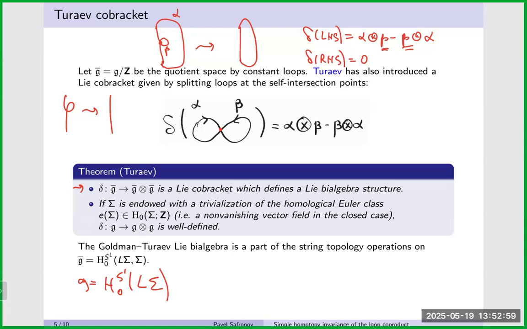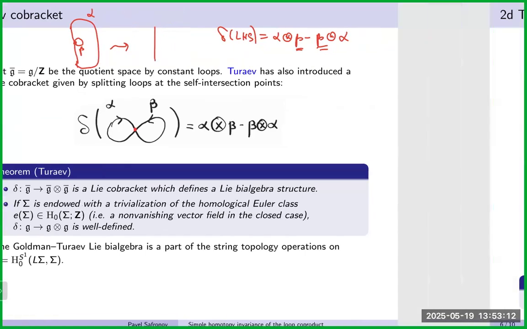All right, so let me now go to the general setting of string topology. And I want to discuss the corresponding TQFT, the two-dimensional topological quantum field theory.